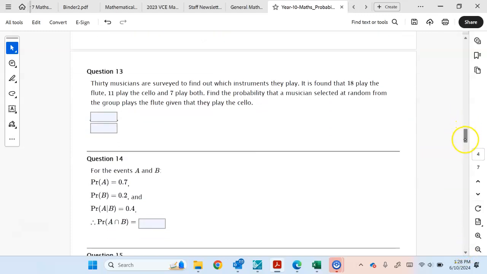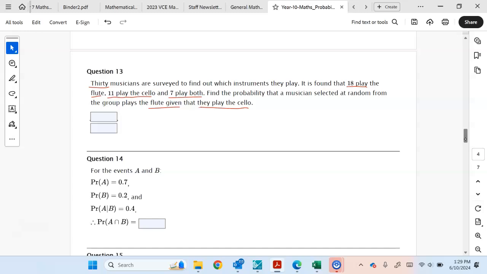All right, question 13. 30 musicians are surveyed to find out which instruments they play. It is found that 18 play the flute, 11 play the cello, and 7 play both. Find the probability that a musician selected at random from the group plays the flute, given that they play the cello.